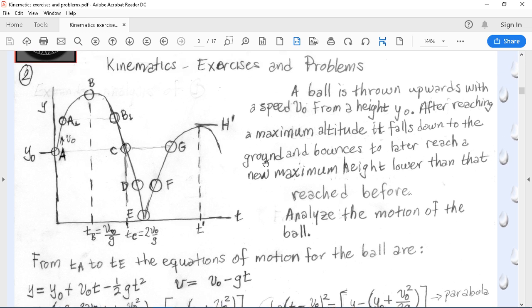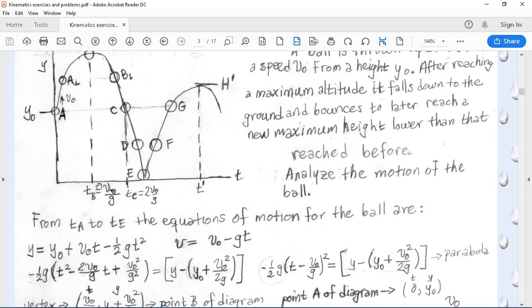So in this case, we're going to analyze the motion of the ball for different positions. Position A, position A1, position B, B1, C, D, E, F, G. And we will also need to know about this new altitude H prime.